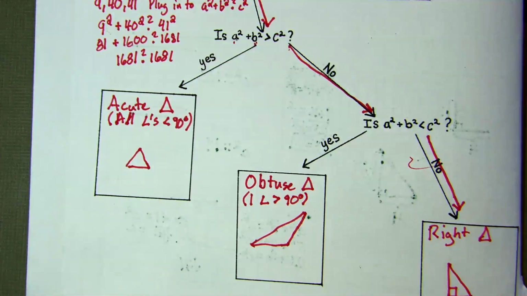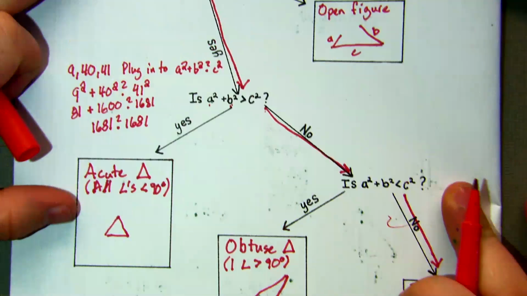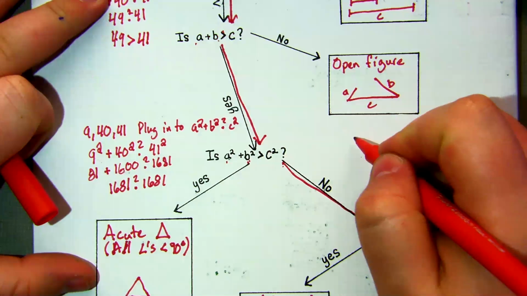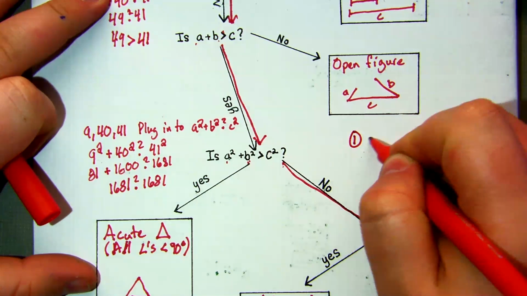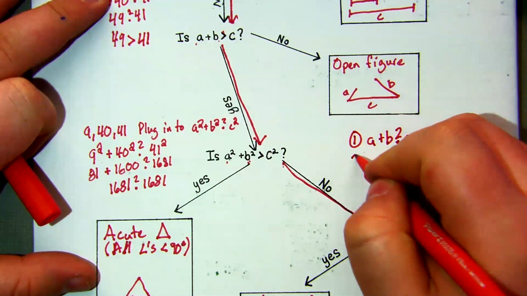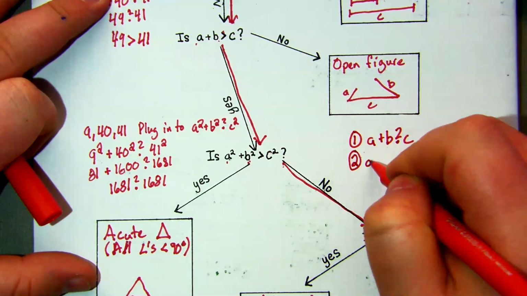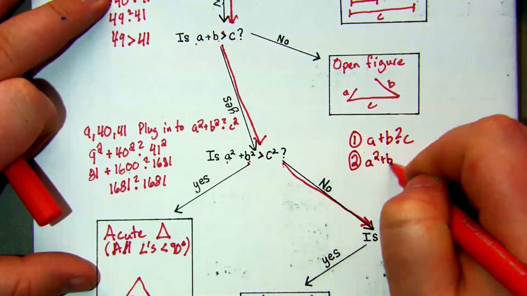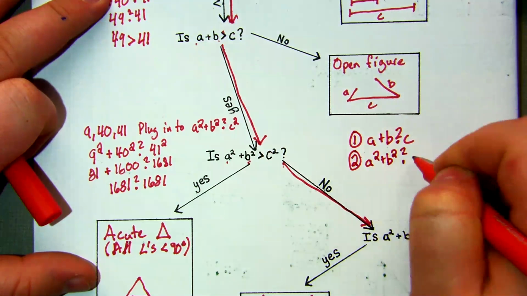So to kind of summarize what we do in a problem like this, our first step is we check a plus b question mark c. And then we do a squared plus b squared question mark c squared.